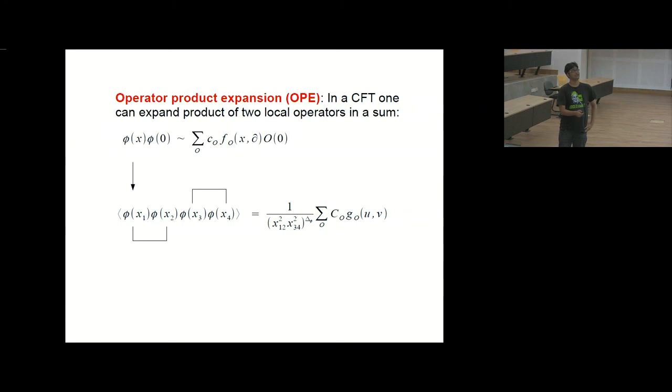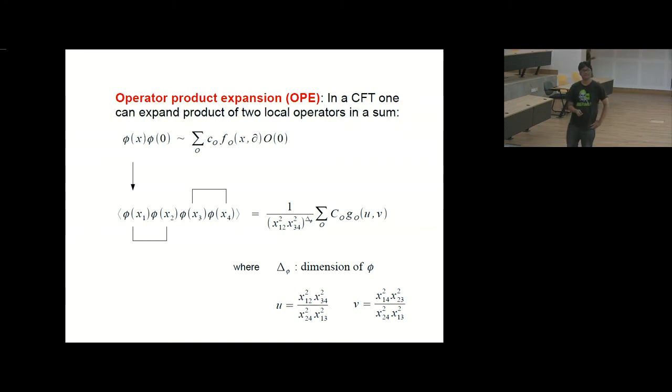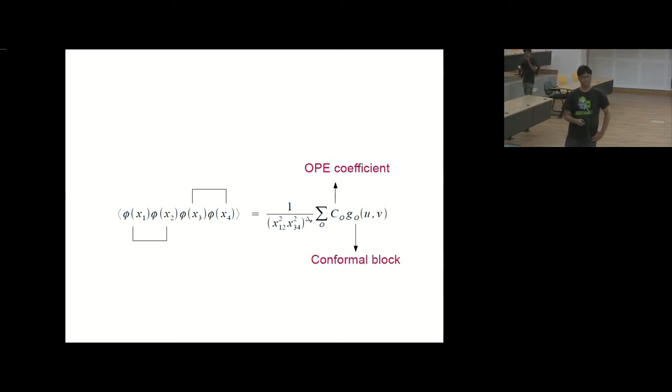So here, what we have done is we have expanded these two scalars and these two scalars differently, and then used conformal symmetries to rewrite the sum in this way, where in this sum delta phi is the conformal dimension of the operator phi, and these u's and v's are the conformal cross ratios, and this g is known as the conformal block, and c is the OPE coefficient.